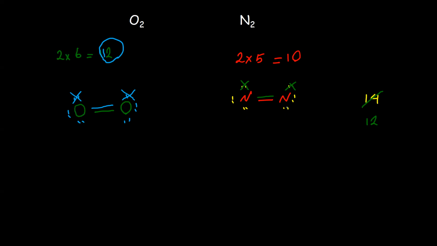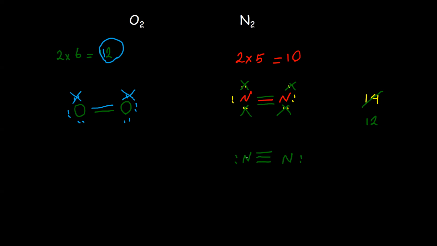So we have to cross this 2 and this 2 and give another shared electron in between. So I rewrite this one. So it's like N triple bond N. If we count the number of electrons in the outermost shell of nitrogen, 2, 4, 6, 8. 2, 4, 6, 8.